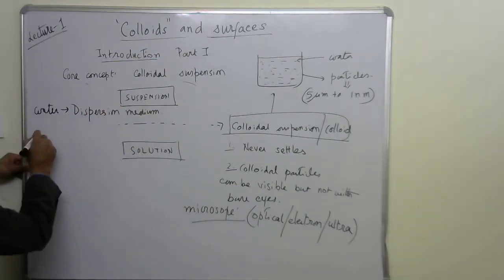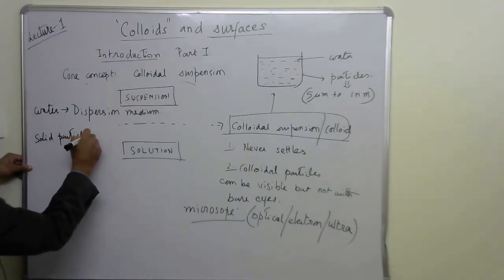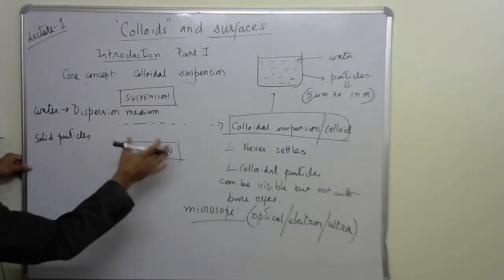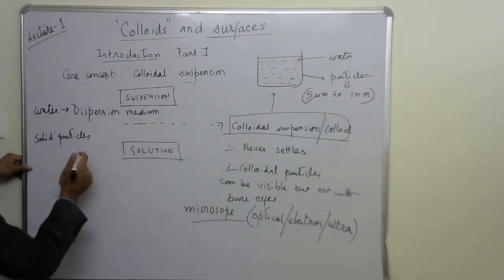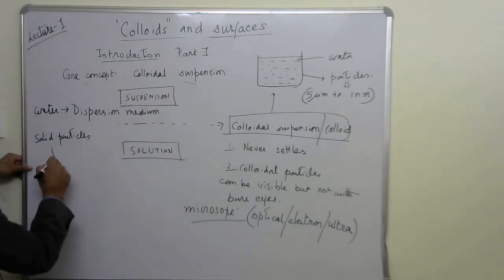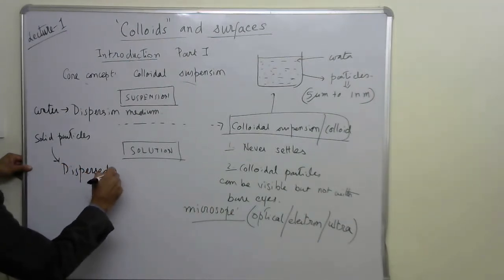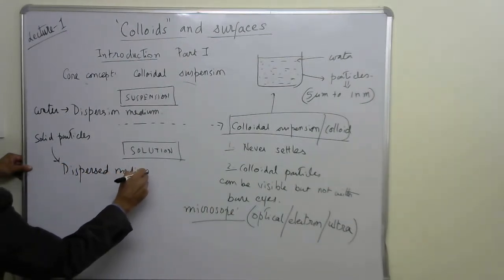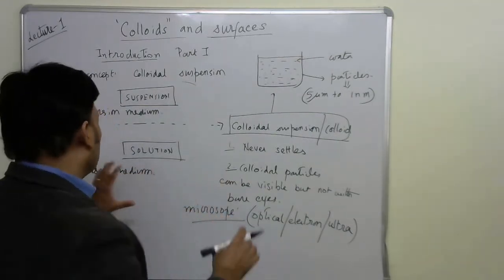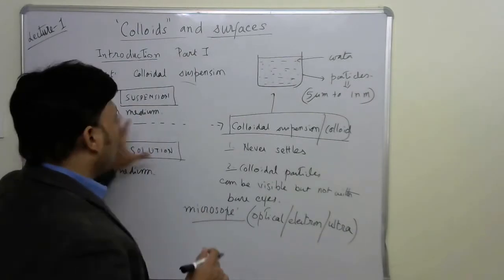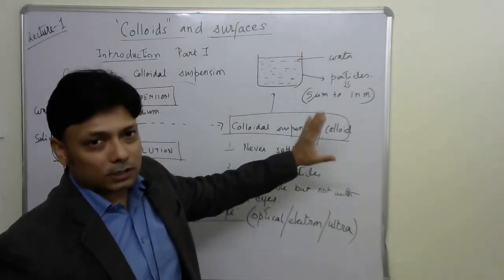And then there are some solid particles, because we are assuming that we are adding some solid particles, with respect to our reference of a suspension and pure solution. Those solid particles are called the dispersed medium, or sometimes the dispersed phase. Together it forms a colloidal phase, or colloidal system, or colloidal suspension.